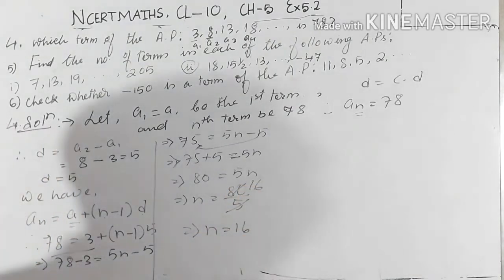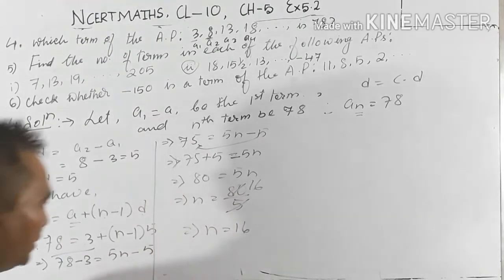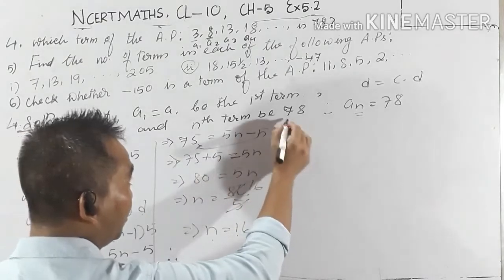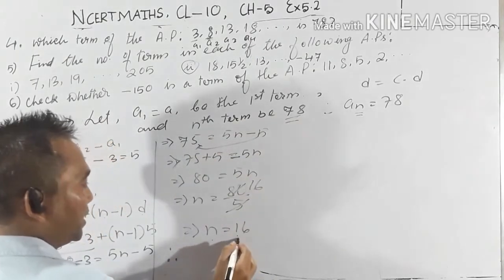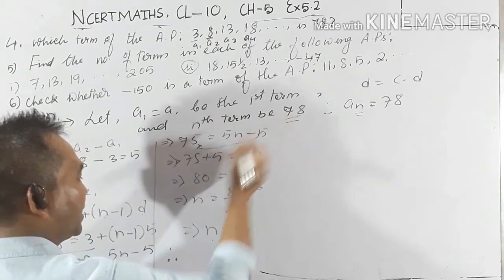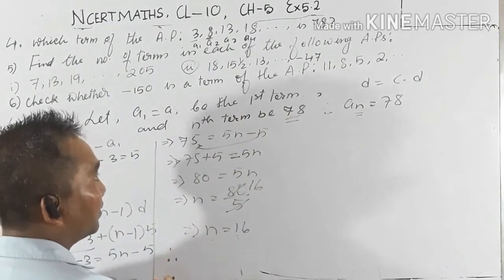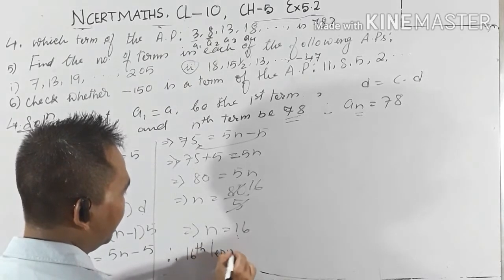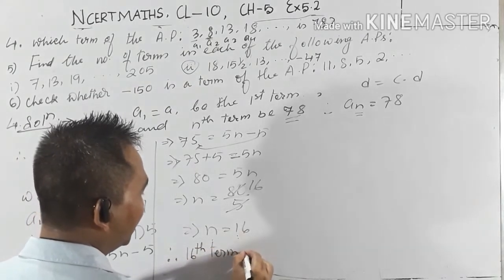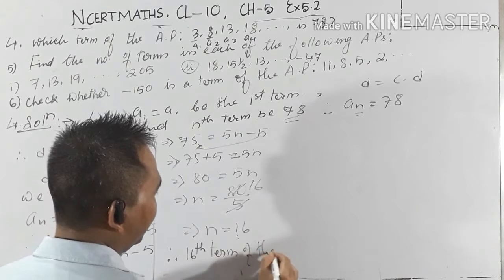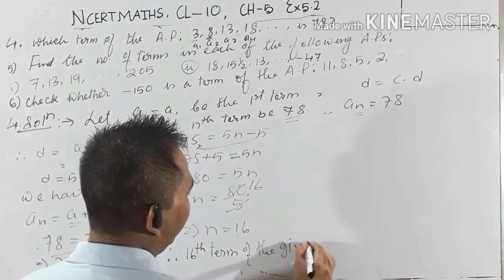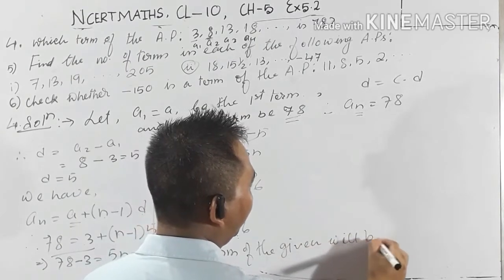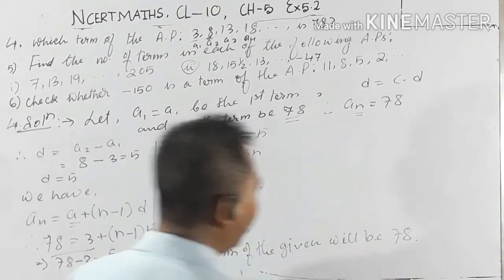Therefore, what conclusion can we make? That n equals 16. That means the position or the location of the term 78 is 16. The 16th term of the given AP will be 78, right?